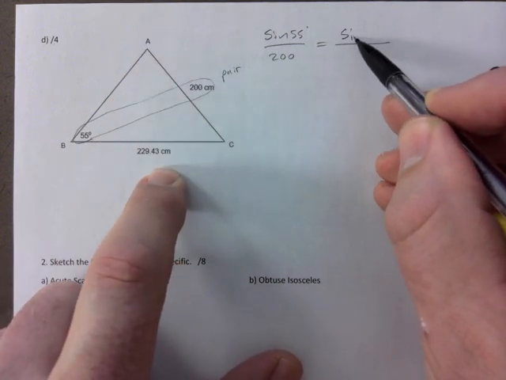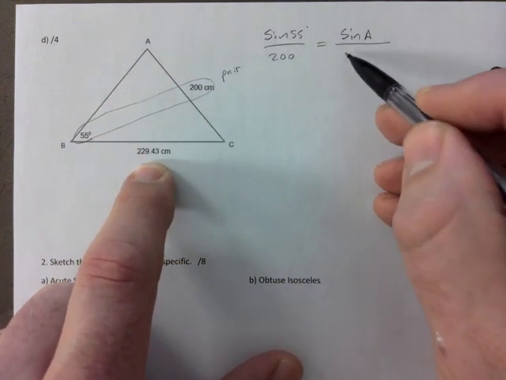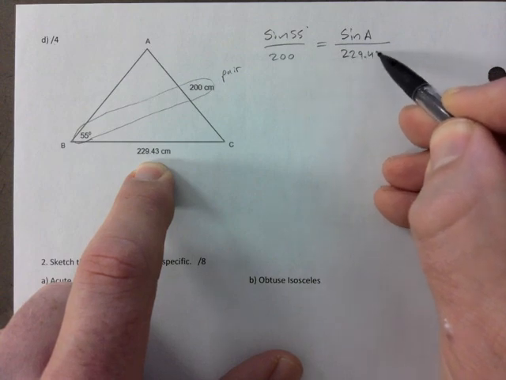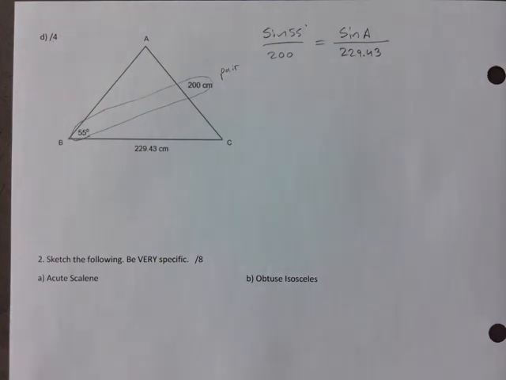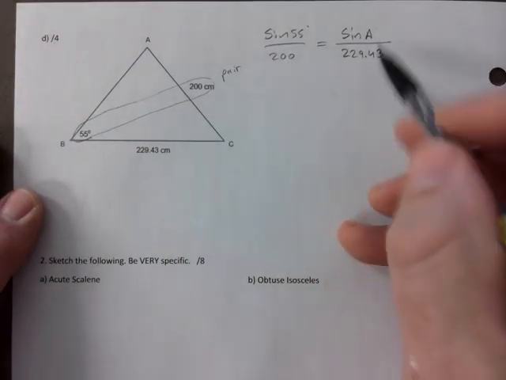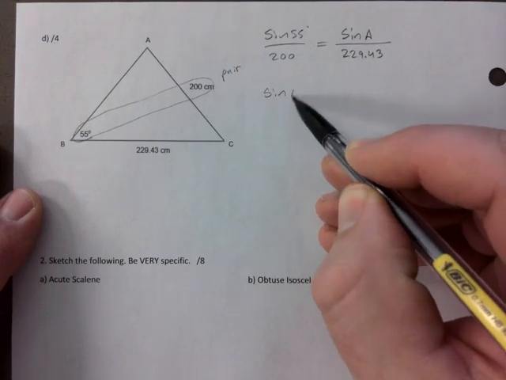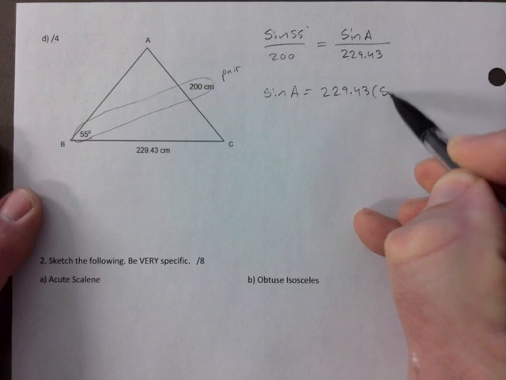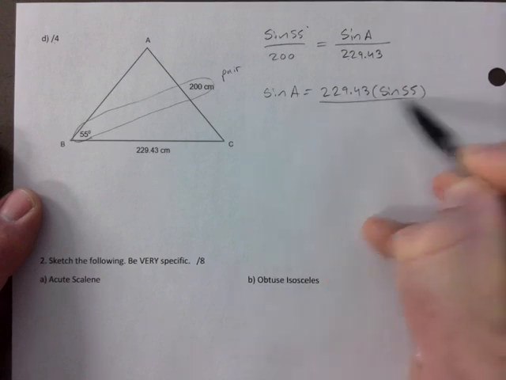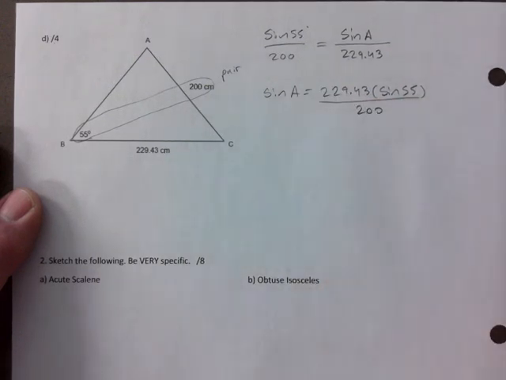So I'm going to go sine of angle A, 229.43. Remember, angles always have a sine in front of them or cosine, right? You can't just make them appear when you're trying to solve. Sine of A is 229.43 times sine of 55 divided by 200.